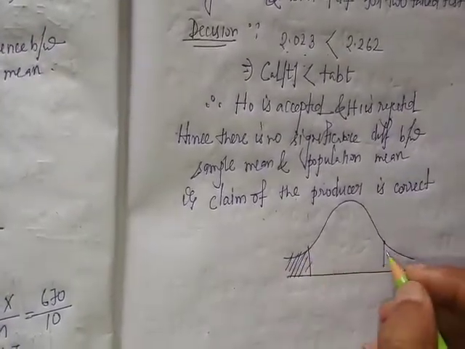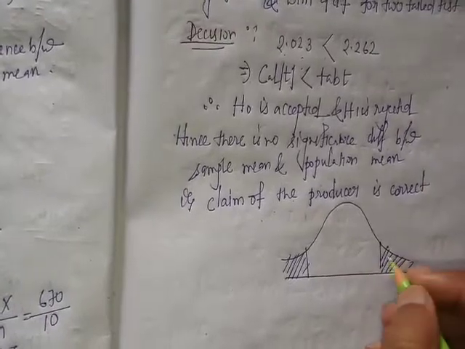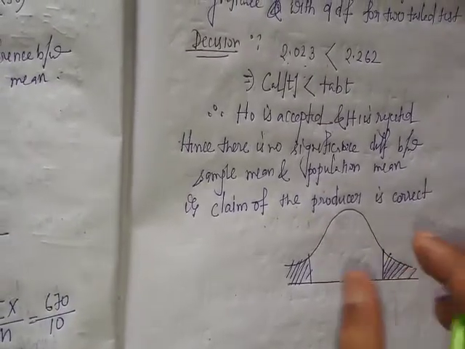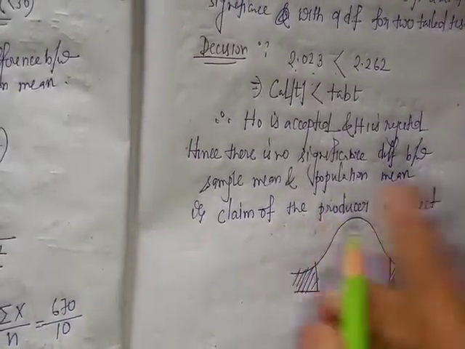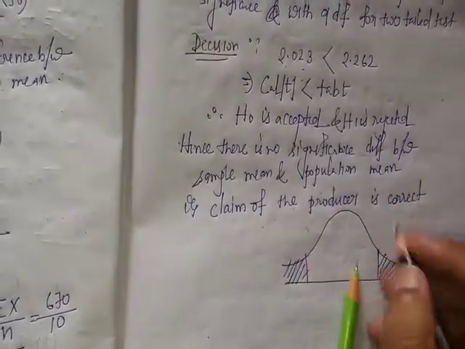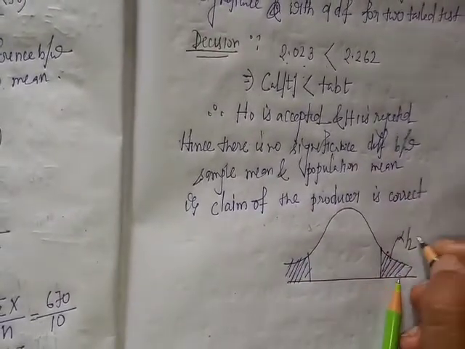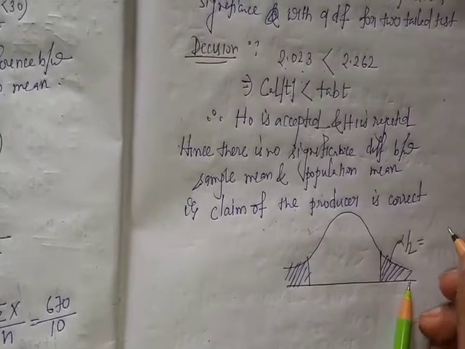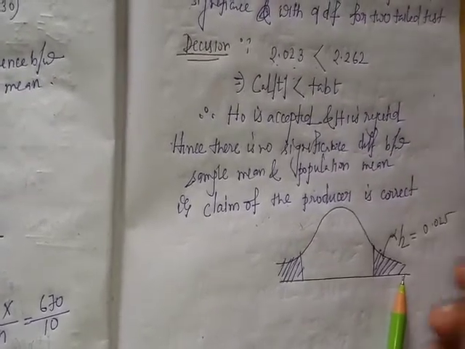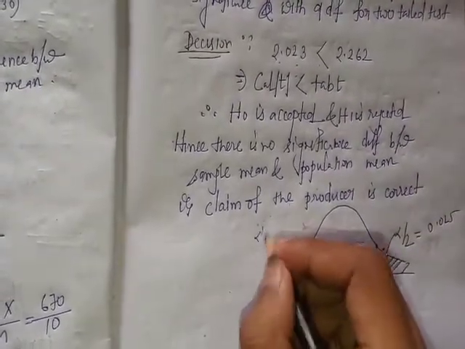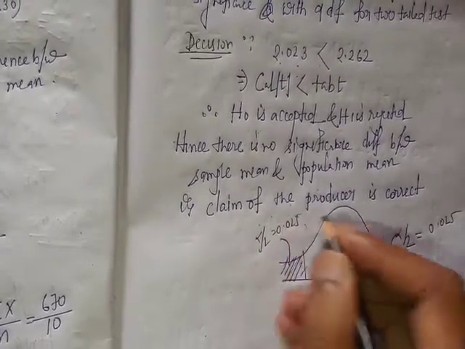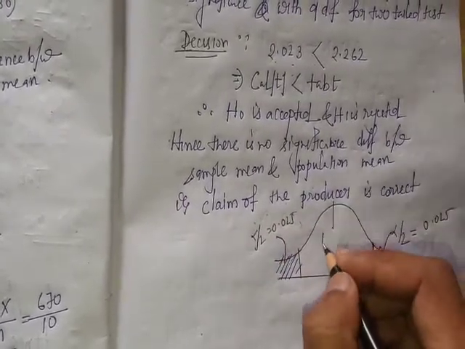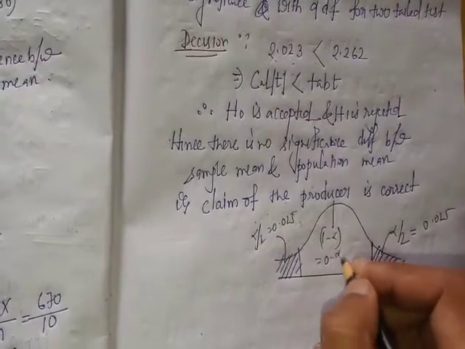Here the level of significance is 5%, so alpha by 2 error will occur on the left side and alpha by 2 on the right side. Total alpha, with 5% meaning alpha by 2 is 0.05 by 2, that is 0.025. The remaining area is 1 minus alpha, that is 0.95.